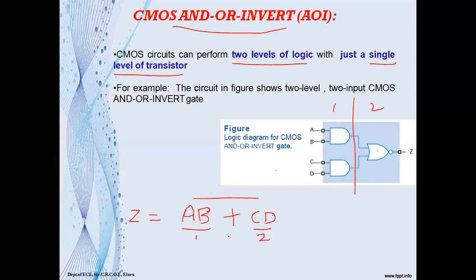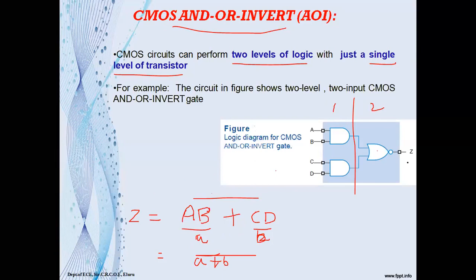If you see this logic function in a simple way, let the AB product be a small a, and the CD term be a small b. Now you can visualize this as (a plus b) whole bar, isn't it?